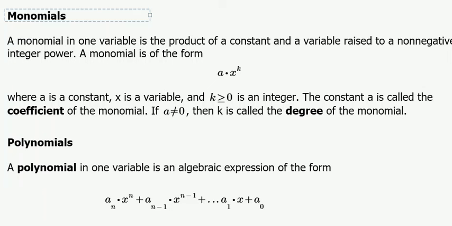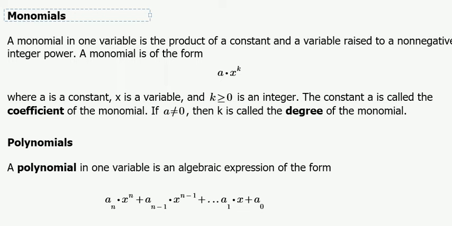Let's just see the concepts or ideas, the words or vocabularies behind these polynomials. A monomial in one variable is the product of a constant and a variable raised to a non-negative integer power.